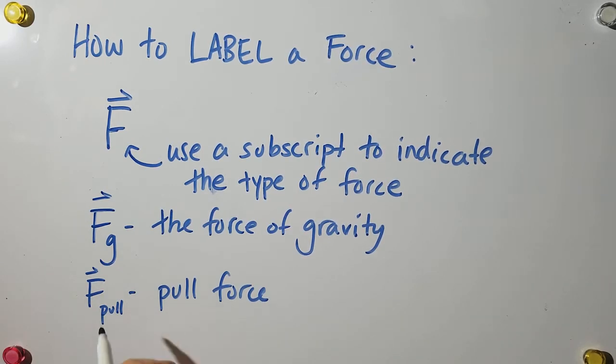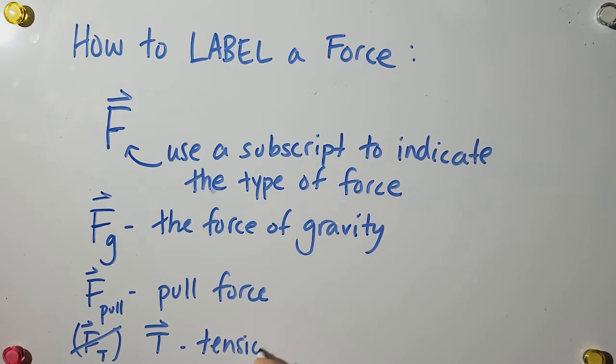All right. Another one that you maybe could think of that the textbook uses is tension. Now that one I do a little bit differently. Your textbook does this, but I find that that's confusing, so I prefer not to do that. So for tension, I actually use a T with a vector. So you might say, well, what's a tension force?